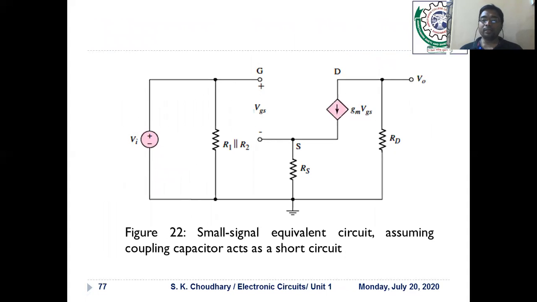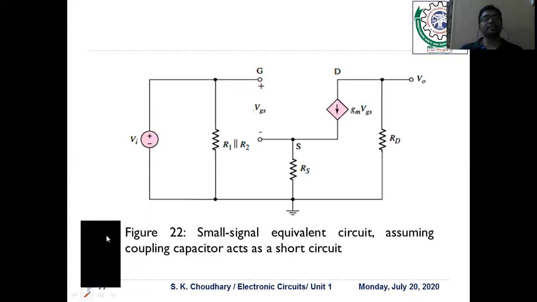Now we will see the AC analysis, or small signal equivalent circuit, of the common source circuit with source resistor. What is the change? If you compare this small signal equivalent circuit with the previous one, there is a little bit of change here. First of all, we need to know how to draw this circuitry.